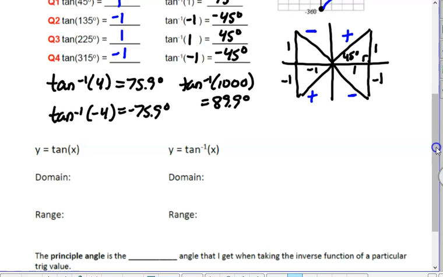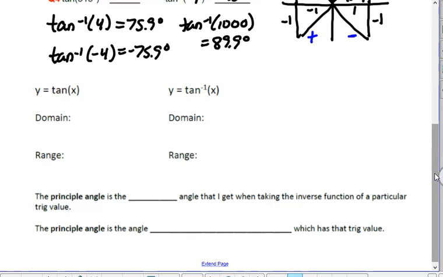So let's look at the domain and range of the tangent graph. The domain, which are the angles, can be all real numbers except where the asymptotes are.